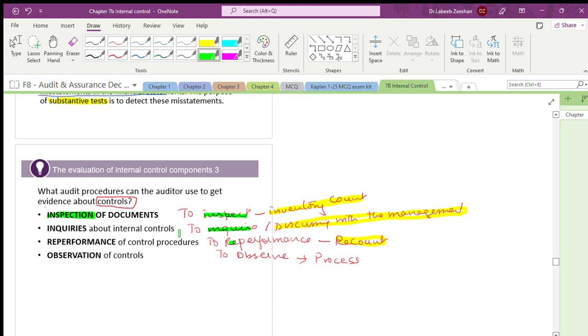They will reperform and observe whether the controls are effective or not. In all the cases, they are inquiring about the internal controls, reperformance of the control procedures, and observation about the controls. These four words make a lot of difference.